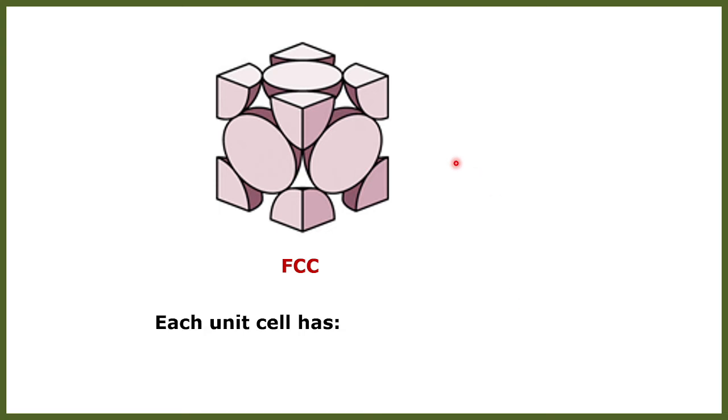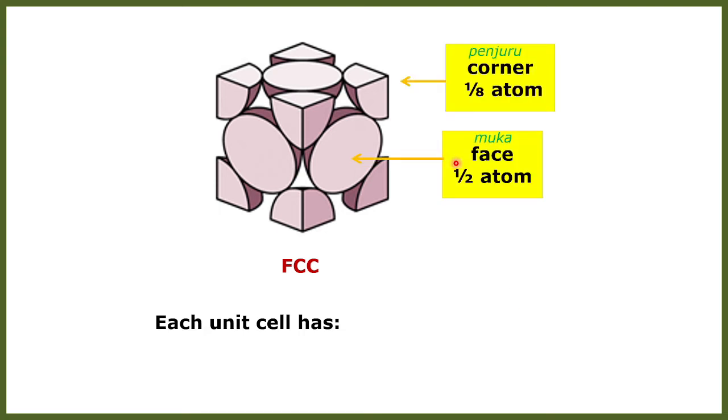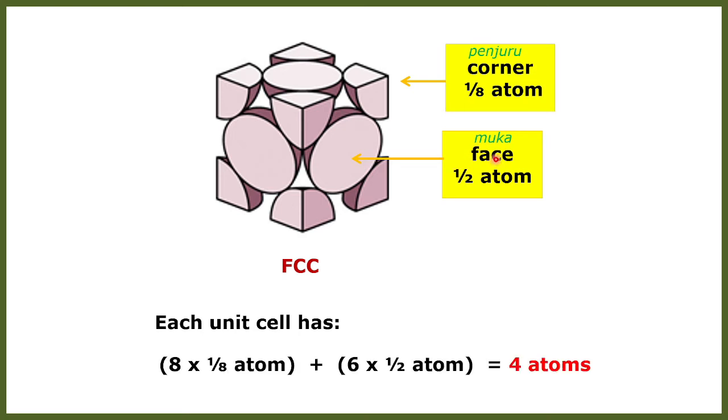We need to calculate how many atoms are in each unit cell. For the corners, it is 8 times 1/8 atom, and for the faces, 6 faces times 1/2 atom. So it is equal to 4 atoms for one unit cell.